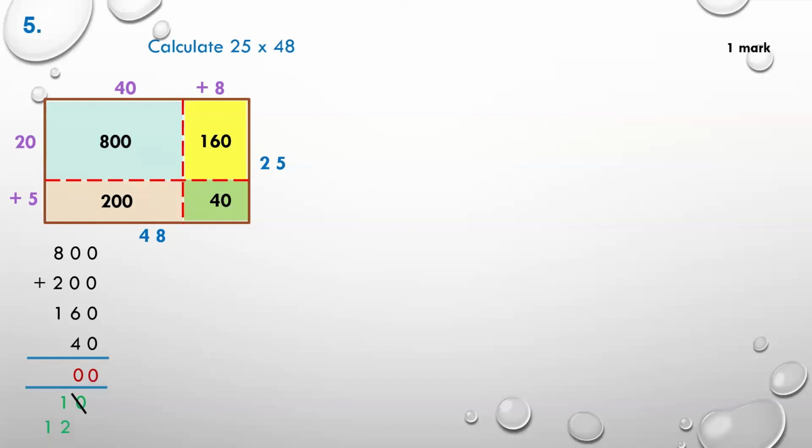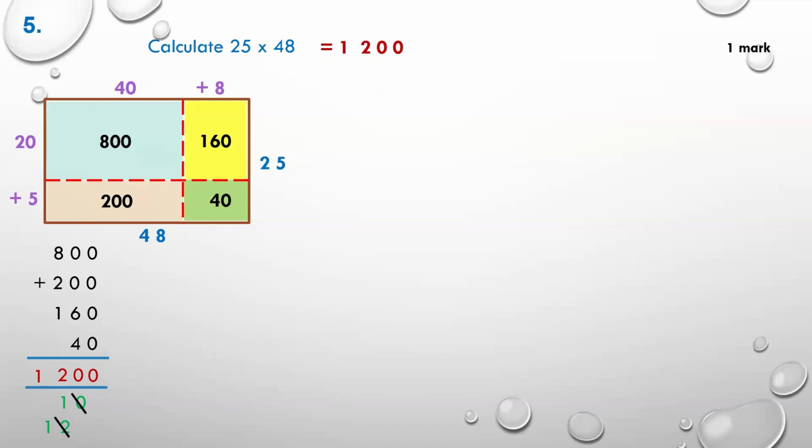That's 12 hundreds. So we could cross the 2 and put 200s here. And what are we left with? 1,000. So our answer is what? 1,200. So we did this without really having to go through your normal steps one by one or your algorithm.